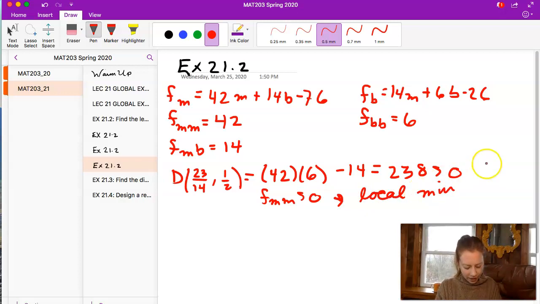So there's our local min. So we're minimizing it, and you can go through and check out some different points, but this is in fact going to be our minimum.